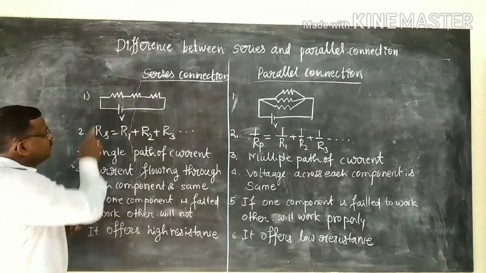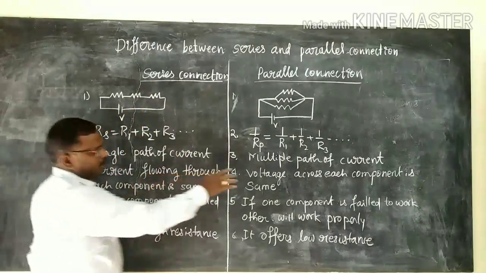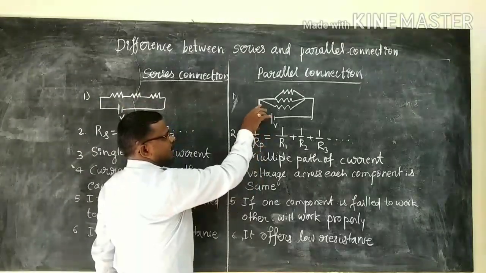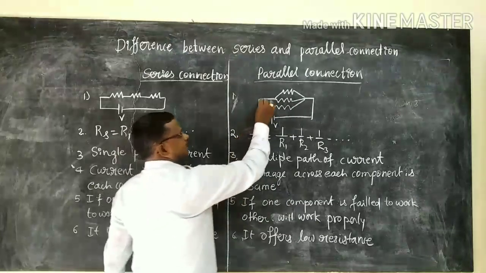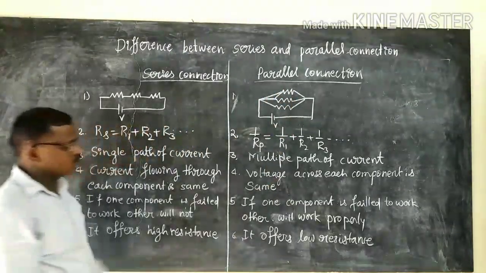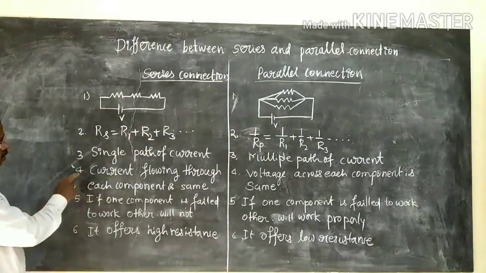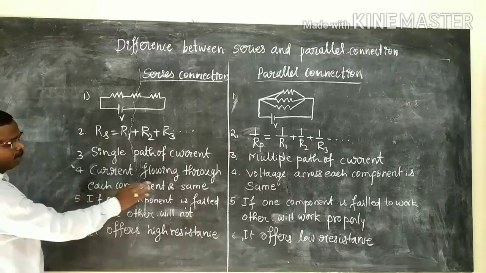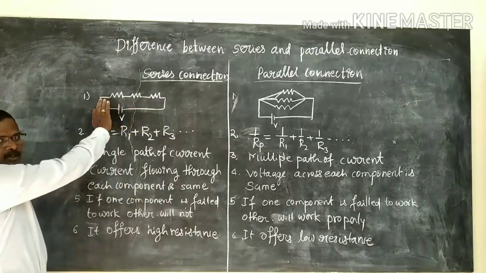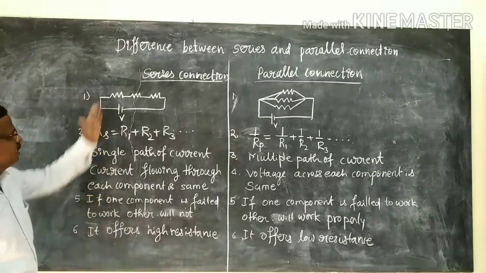Then in series connection, there is a single path for the current. But in parallel, current goes through different paths, so multiple paths of current. Fourth, in series the current flowing through each component is the same, no difference in the current.